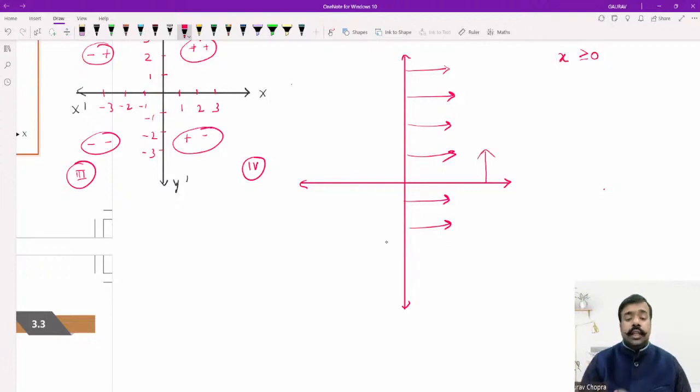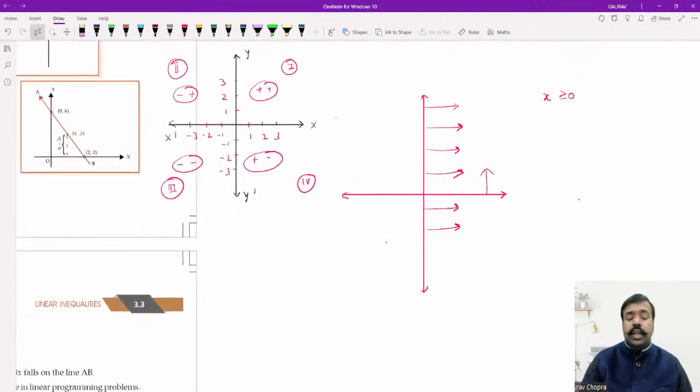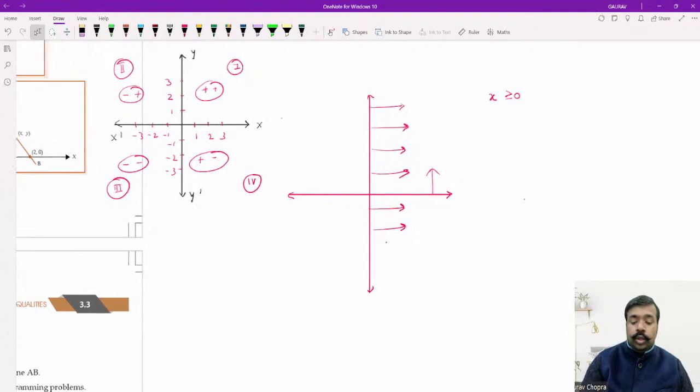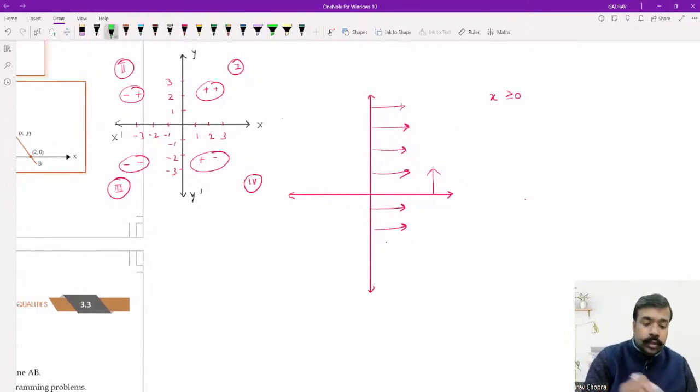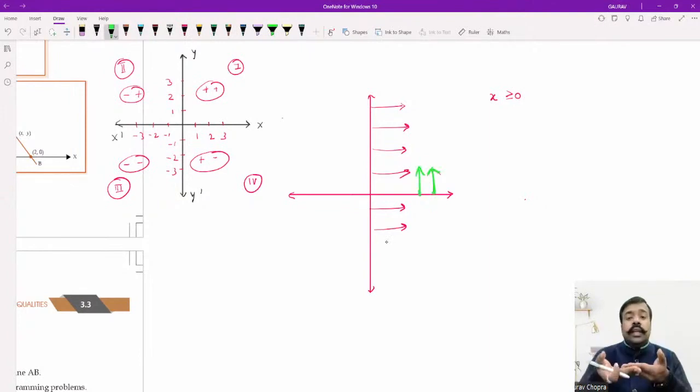This is the major thing which we have to see whenever we are talking about the x-axis or y-axis. We have to be clear in our mind what should be greater than 0. Let's use a different color. Okay, this one is the value which is more than 0.